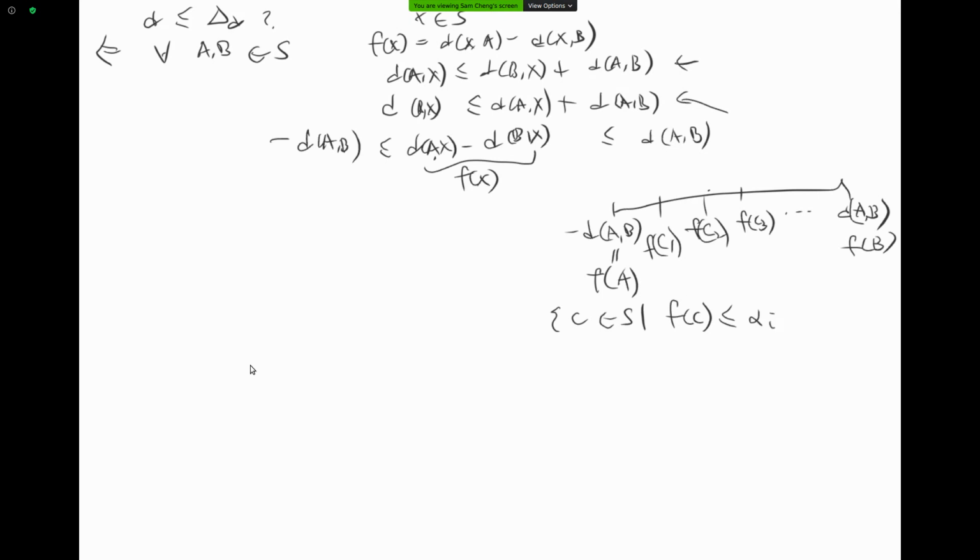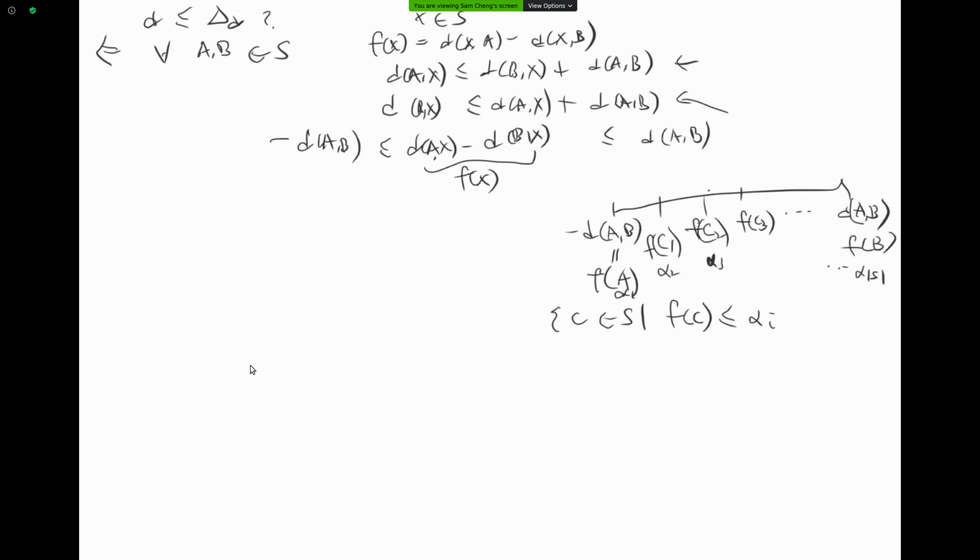Let's say I call f(c_1) alpha_1, f(c_2) alpha_2, and so on, until alpha_s. So let's say I have s members here, and so then I can split all the members in S into two sides.